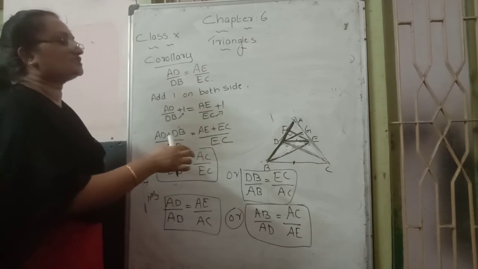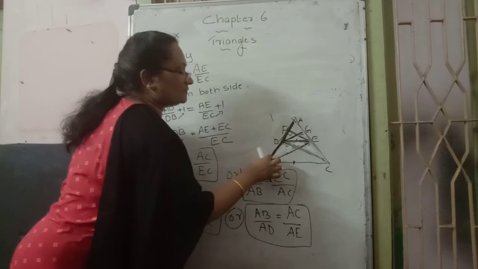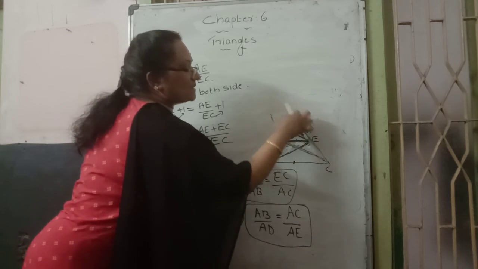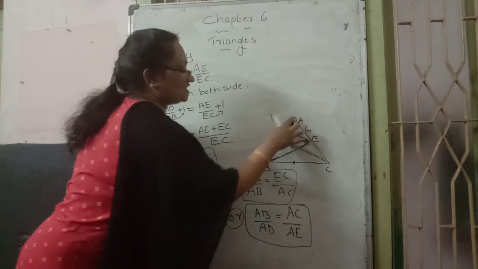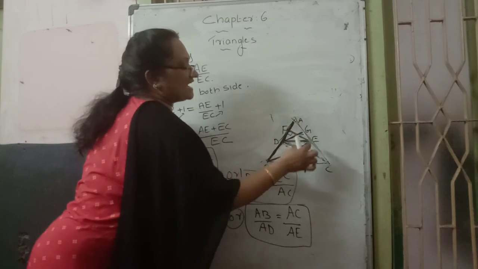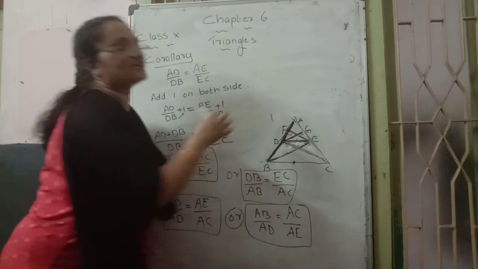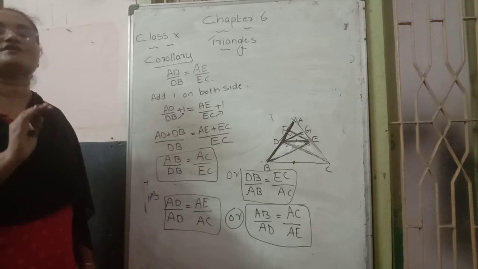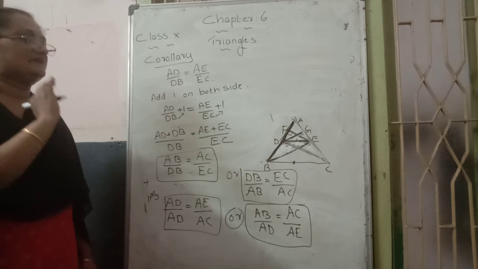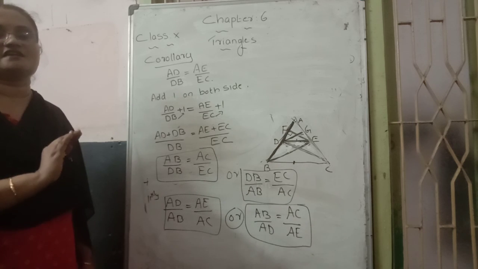Next way, in which way? AD by AB or AE by AC. Fifth way, in which way? AB by AD and AC by AE. In this way, we can divide the triangle in 5 ways. I hope you can understand this one and learn the BPT theorem.